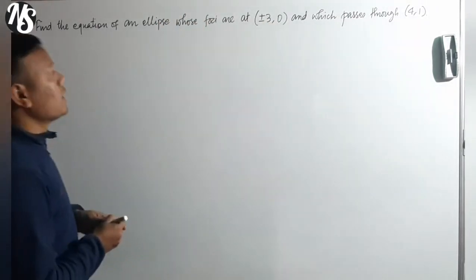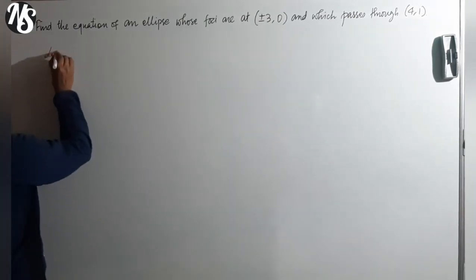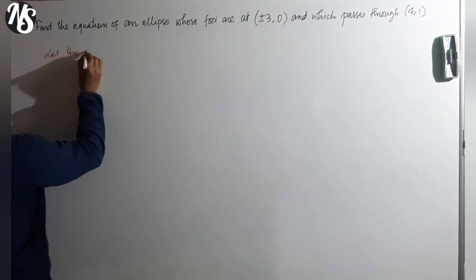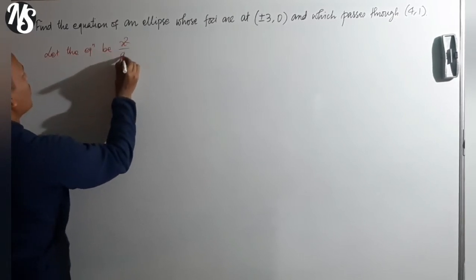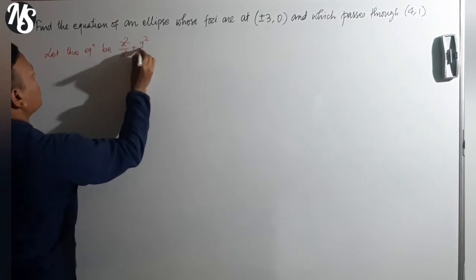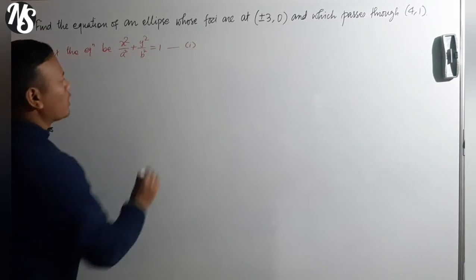So let the equation be x square by a square plus y square by b square equal to 1. Let me call this equation number 1.